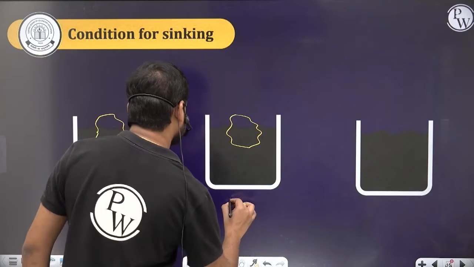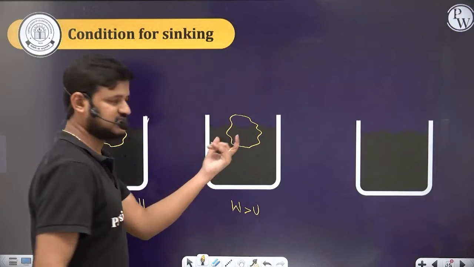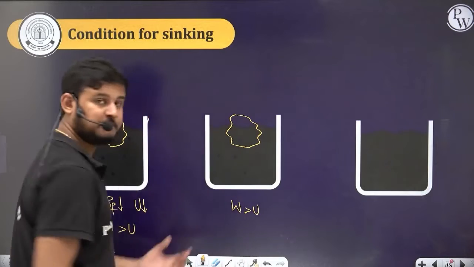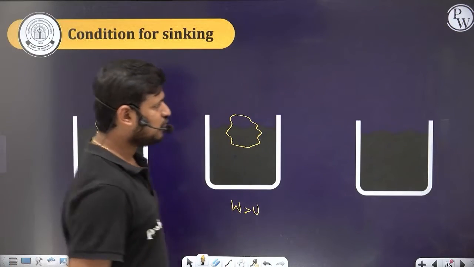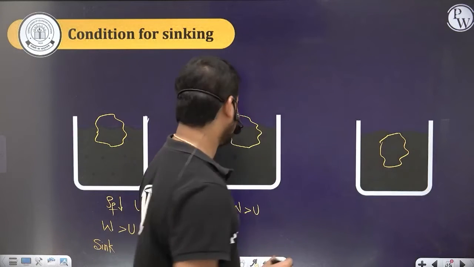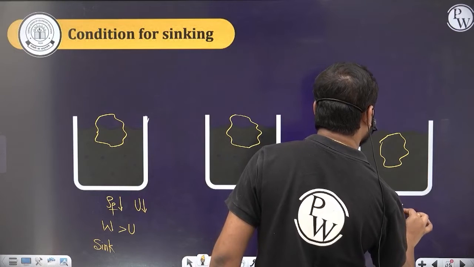Here also the weight is greater than the upthrust, so it may sink completely. Now if it is completely placed inside the liquid, the weight is greater than the upthrust.